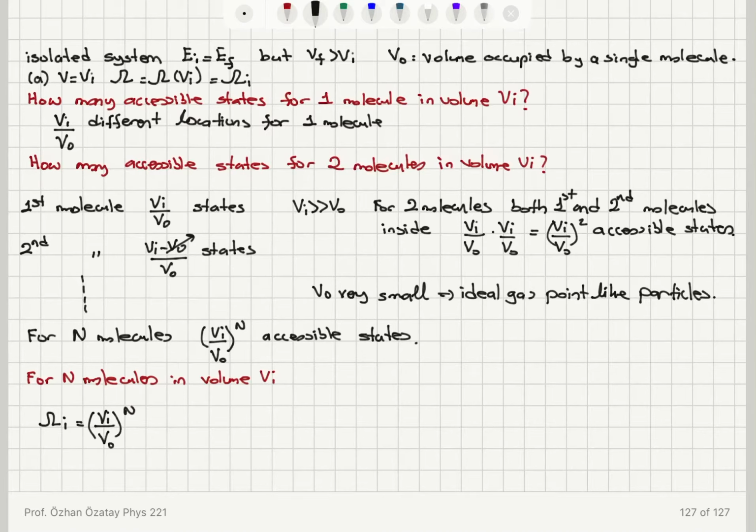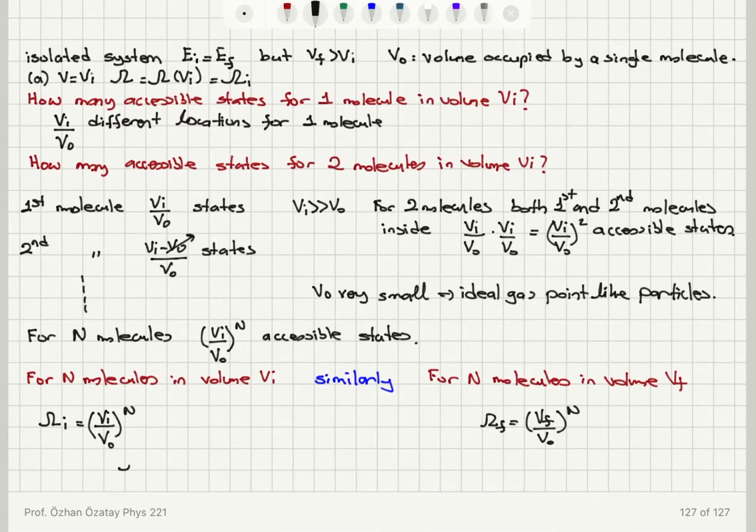Now similarly, for the same n molecules in volume V final, I will have the number of accessible states V final divided by V0 to the power n, using the same arguments.